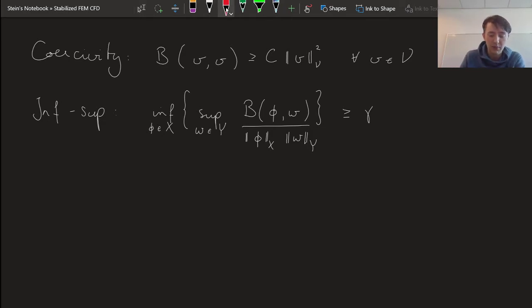That means that our function spaces V, or here at the bottom X and Y, are infinite dimensional, that there are infinitely many functions in there. Now the same analysis tools apply also for the finite dimensional setting, a finite element method, where we only have a select few number of functions in these spaces. So the same analysis applies, but we haven't talked much about that yet. And now that's actually going to become important.